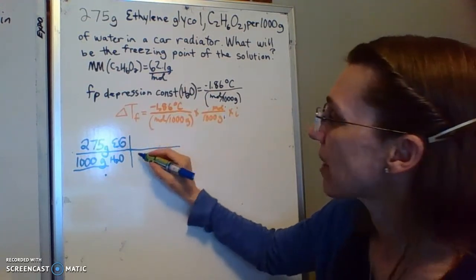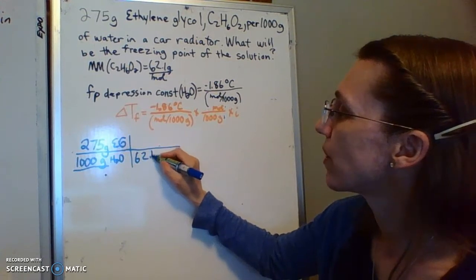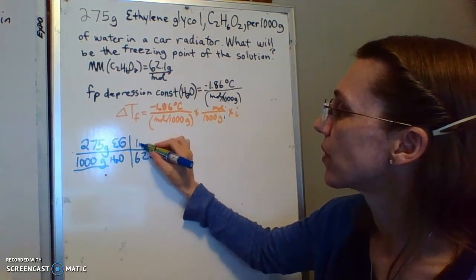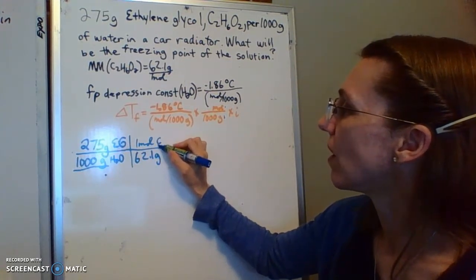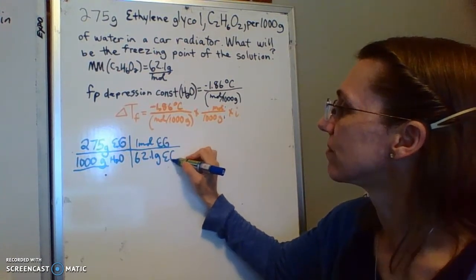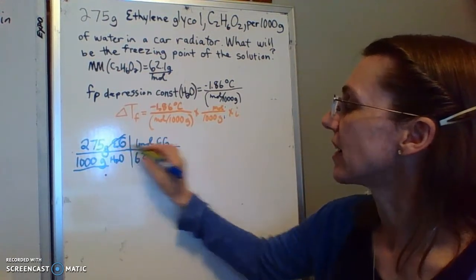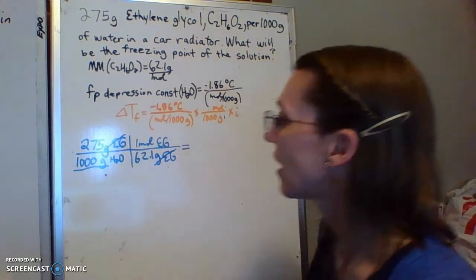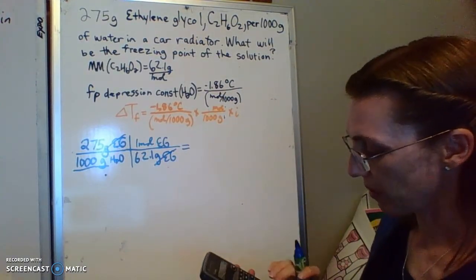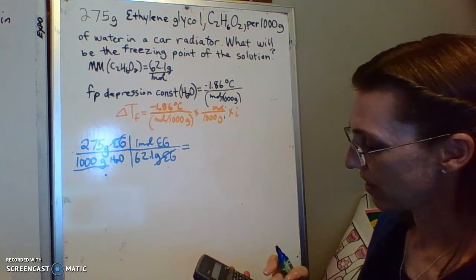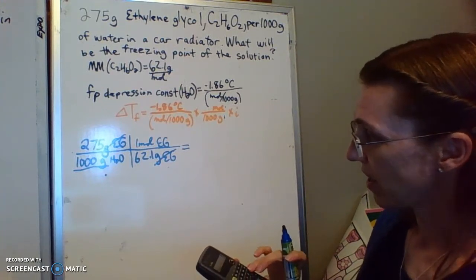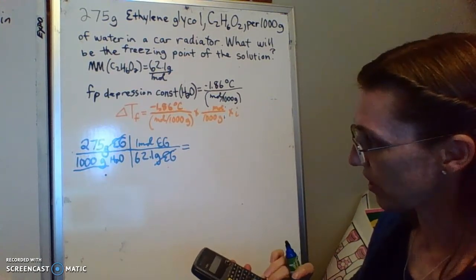Well, they have to be in the bottom. So we've got 62.1 grams per mole of our ethylene glycol. Grams is going to cancel out, and that's going to give us our moles of ethylene glycol that we have. 275 times 1 divided by 62.1.